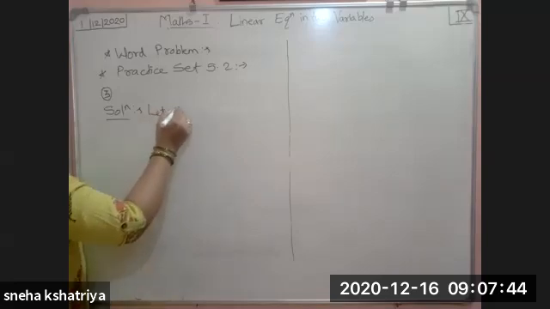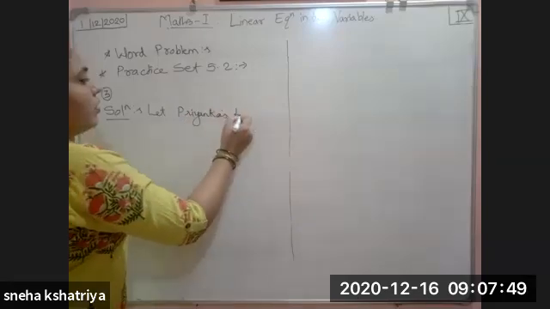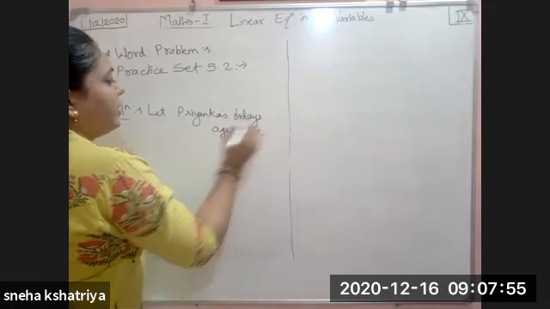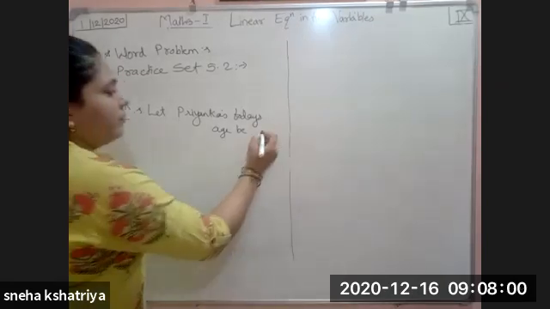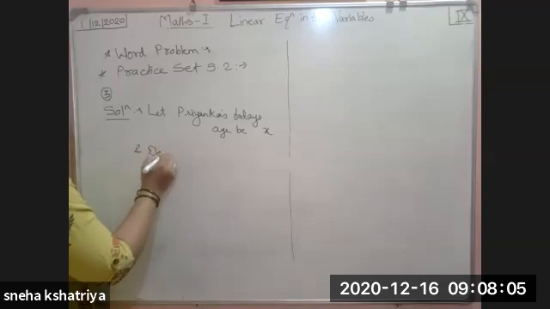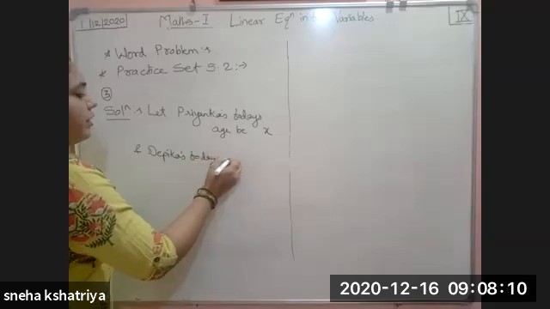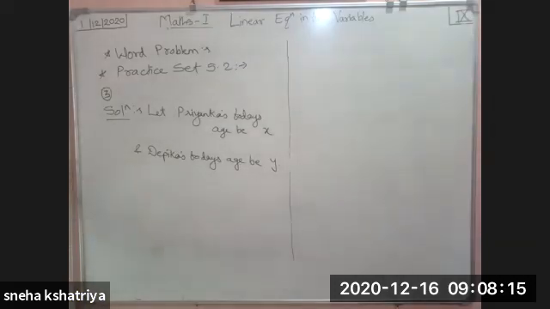Let Priyanka's today's age be X. Okay. And Deepika's today's age be Y. See here, they are going to tell us what is the question given to us.